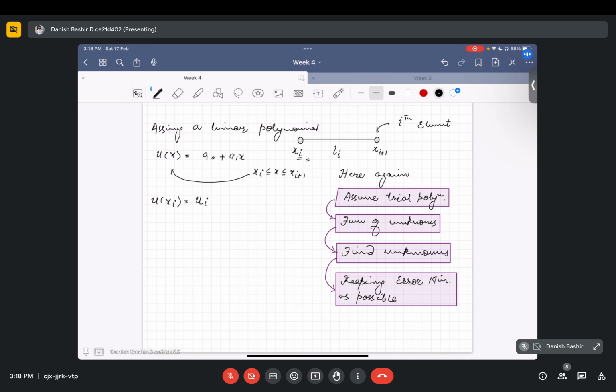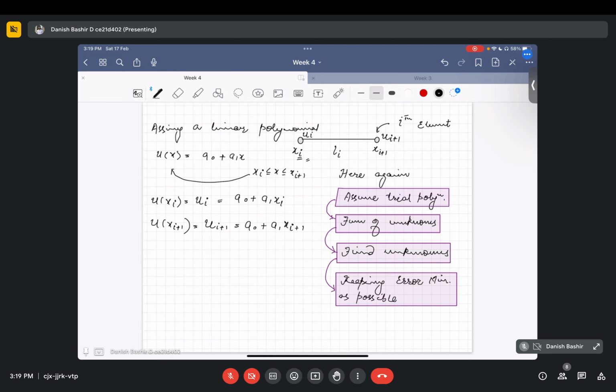So the value of the trial solution, the linear polynomial, at node xi will be ui, the nodal value. It will be equal to a naught plus a1 xi. Similarly, u of xi plus 1 will be ui plus 1, so it will be a naught plus a1 xi plus 1. These are the two important equations we have to keep in mind.